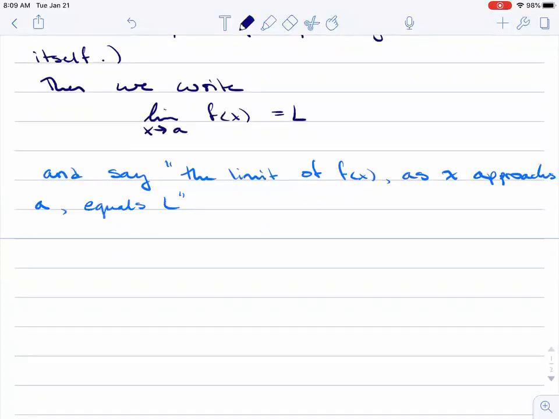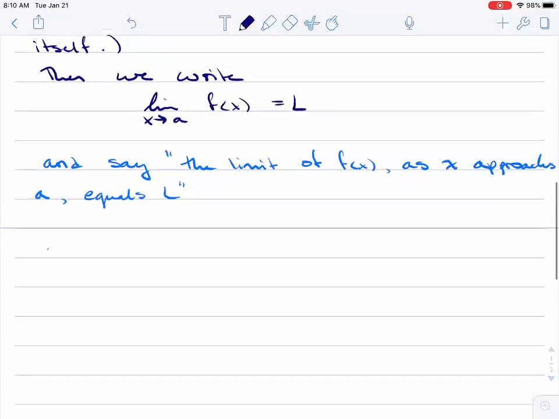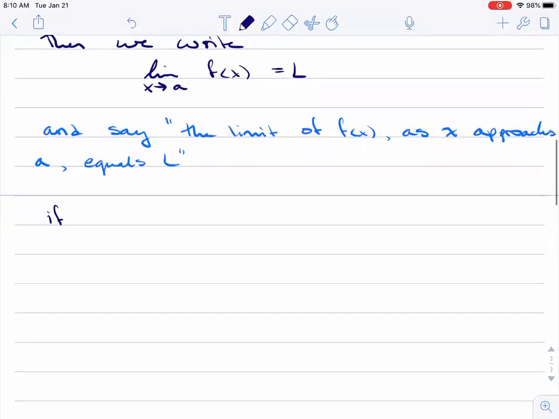So that's how we write it, if, of course, we can make the values of f of x arbitrarily close to L. So f of x approaches L as x approaches a.